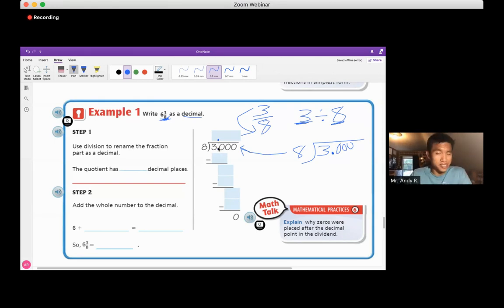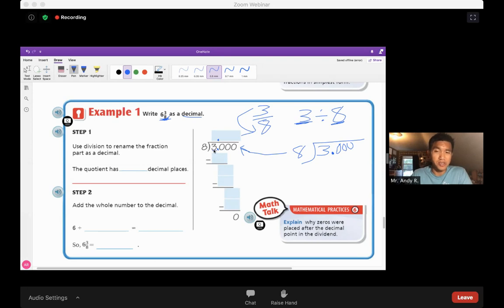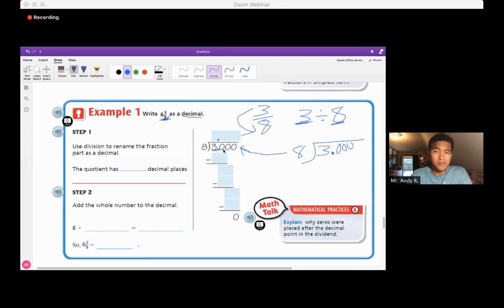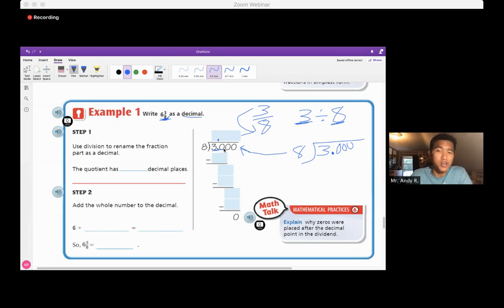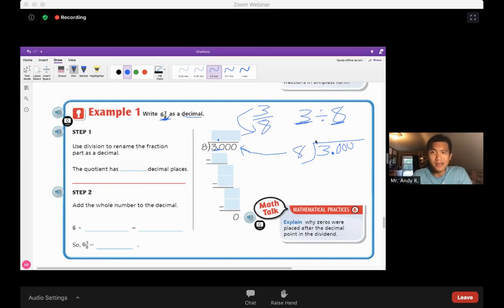So ignore the decimal point and just look at the 3 and all of its zeros. 8 goes into 30. How many times can 8 go into 30? Yep, 3 times. 3 times 8 is 24, 30 minus 24 is 6, and then I'm going to drop down the 0.